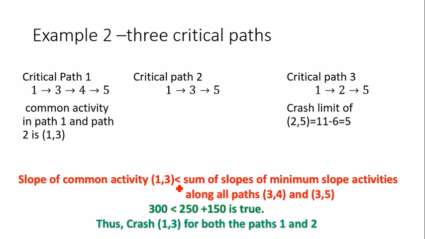So I'll crash the common activity, and it will serve the purpose for both path 1 and path 2. Path 3 has its own crashing and has nothing to do with paths 1 and 2. But for 1 and 2, I have chosen 1 to 3.